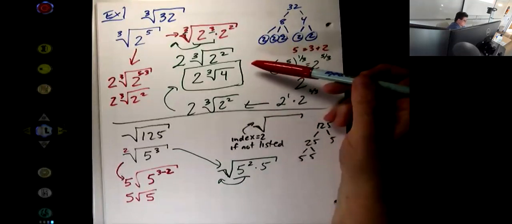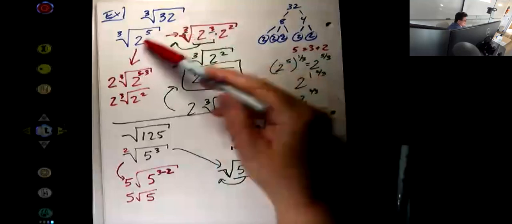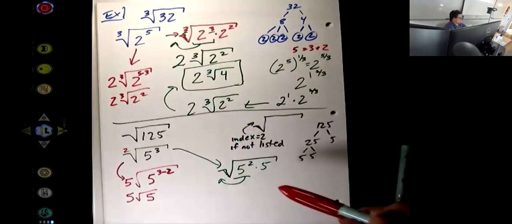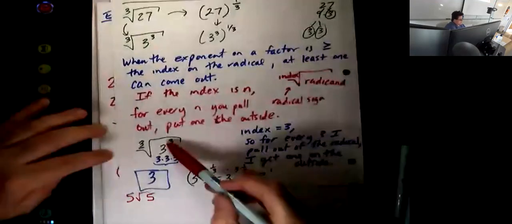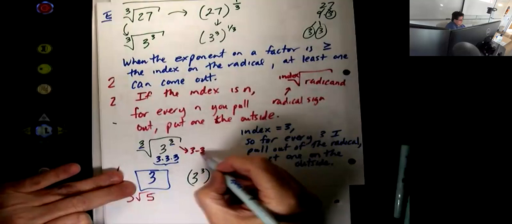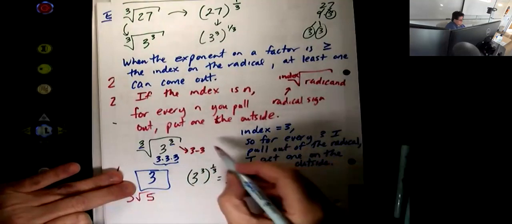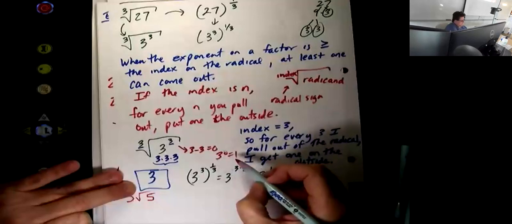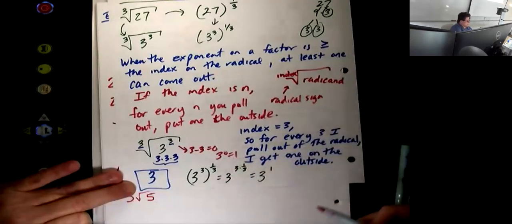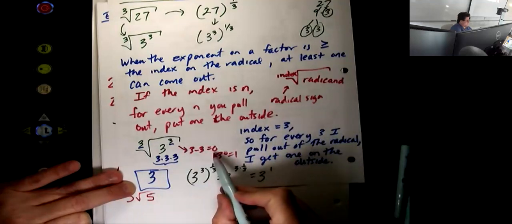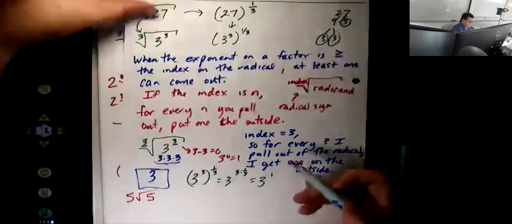We didn't, because there was still stuff left on the inside. With the 27, if I'd done the 3 minus 3, I'd just have 0 left. Right, so 3 to the 0 is 1, and 1 to any root is just 1. So the radical is no longer needed if you get down to a 0 exponent. Okay, that's a good question.